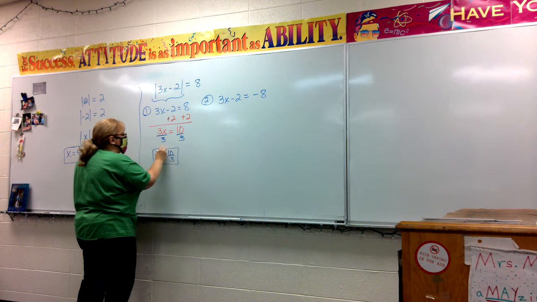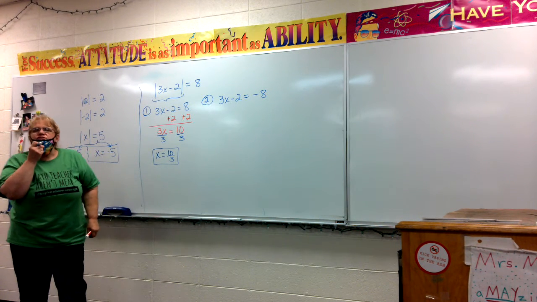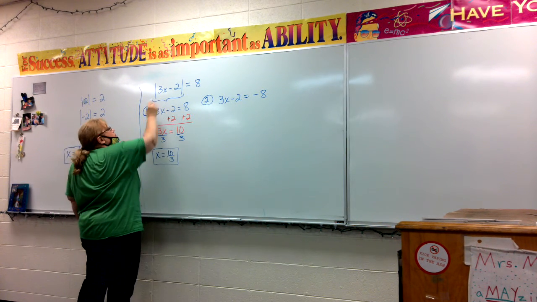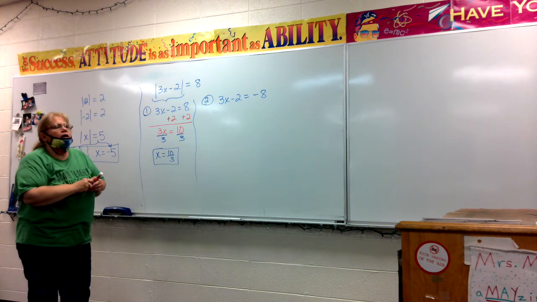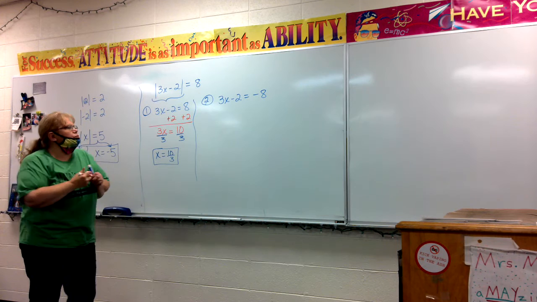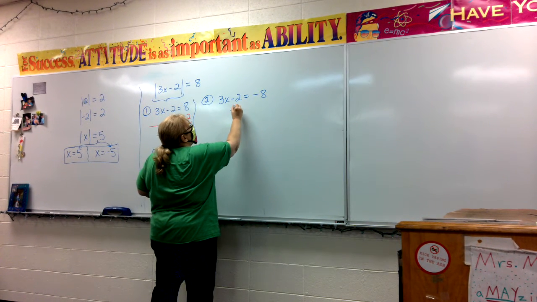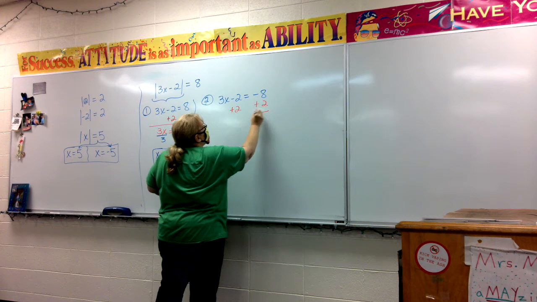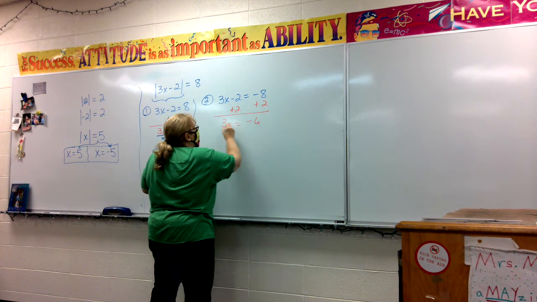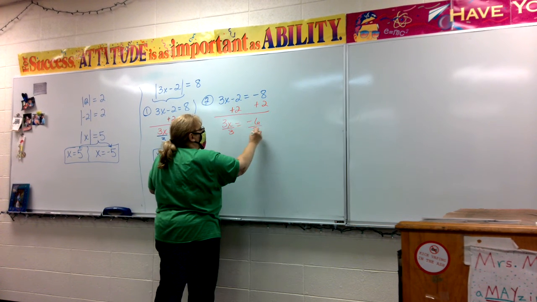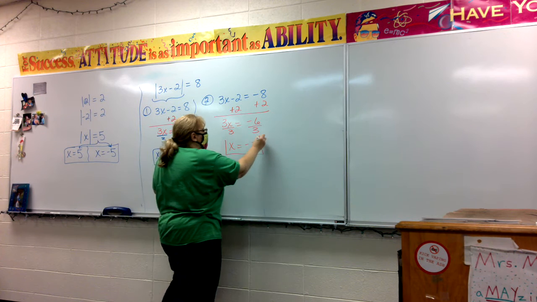One solution. And of course, I know all you conscientious students will plug it back in and make sure it works. Then I also have another possible solution. Add 2. Only this time it's -8 plus 2. That's not too difficult, is it?